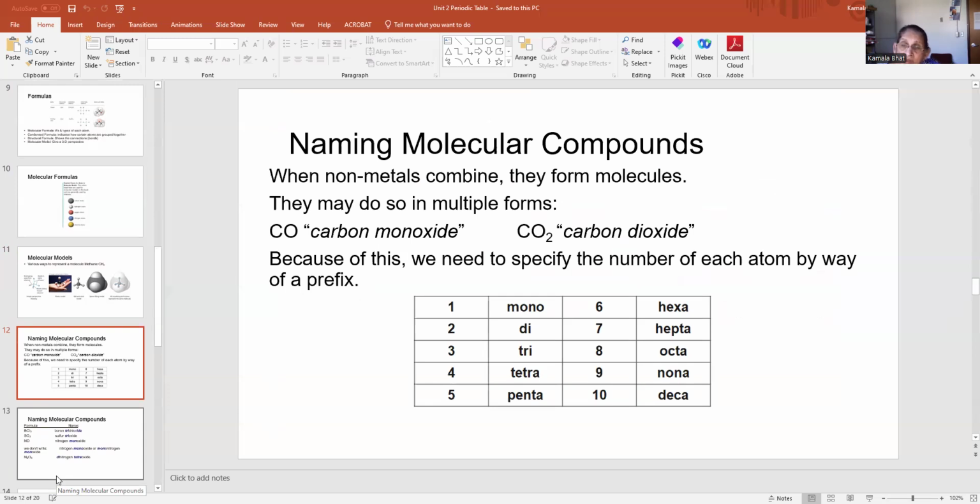Now, whenever we name molecular compounds, when non-metals combine, they form molecules. They may do so in multiple forms. For example, carbon monoxide, CO, and carbon dioxide, CO2. Because of this, we have to specify the number of each atom by way of a prefix. The prefixes used are mono, di, tri, tetra, and so on till you reach 10, which is deca.